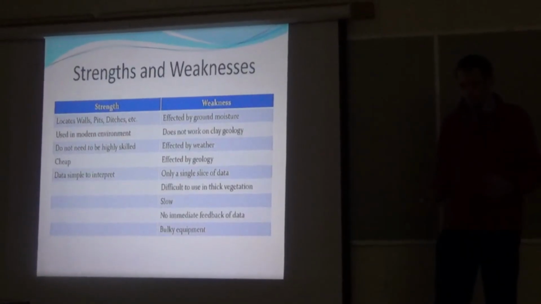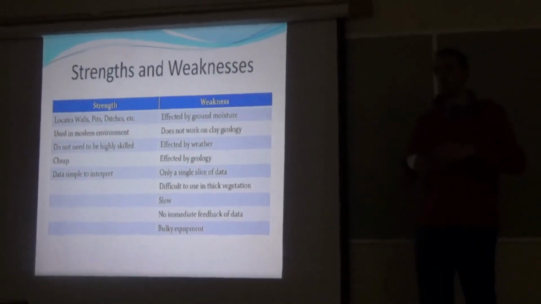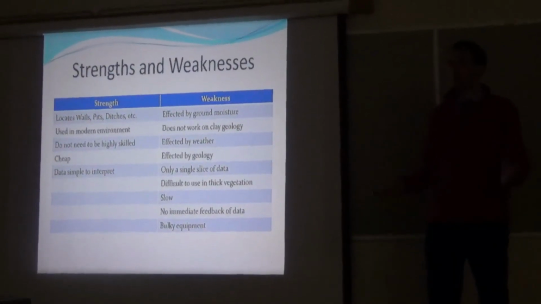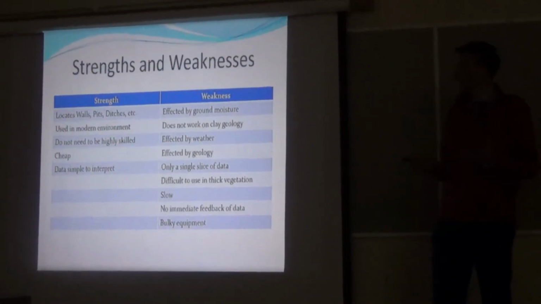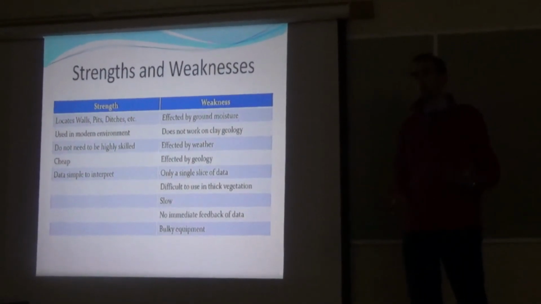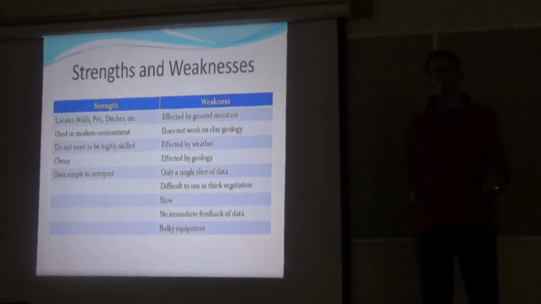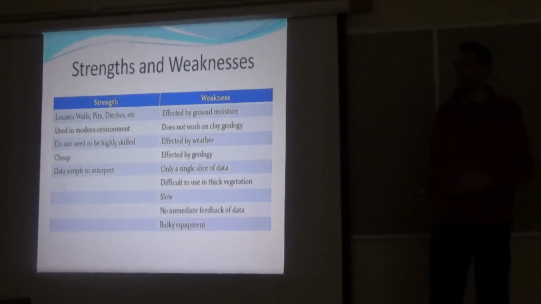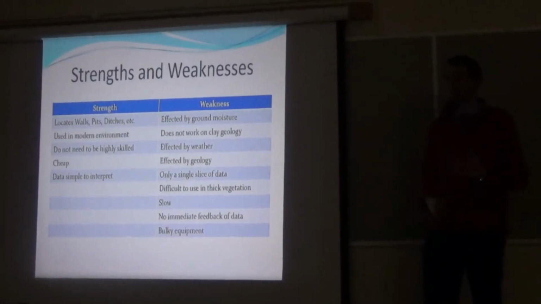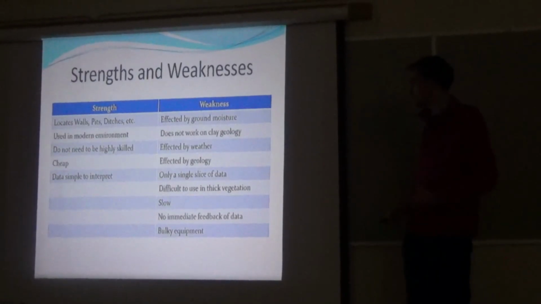Geology. With resistivity, if you've got a very solid geology and you're looking for walls, and you've got very high geology, like chalk, the geology will show on the data, and it can look like walls and floors and surfaces. So depending on what that geological type is may depend on the quality of the data that you're producing.